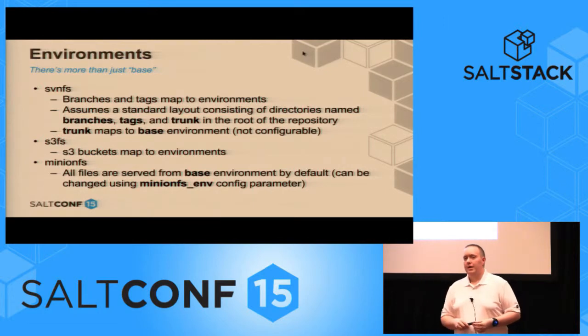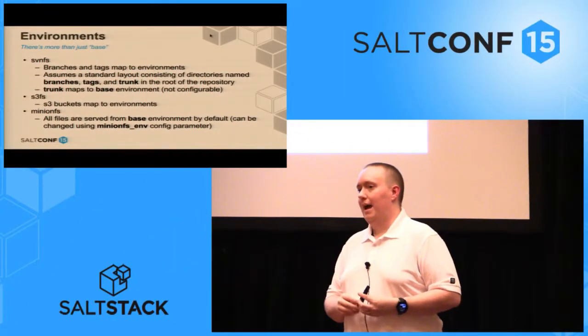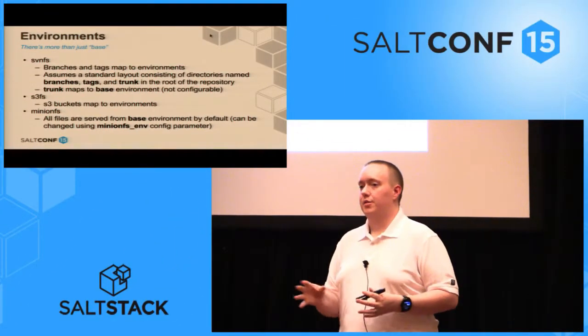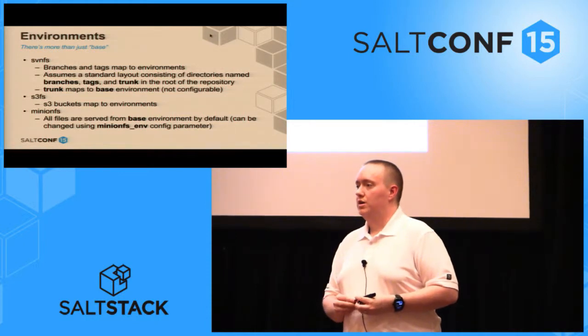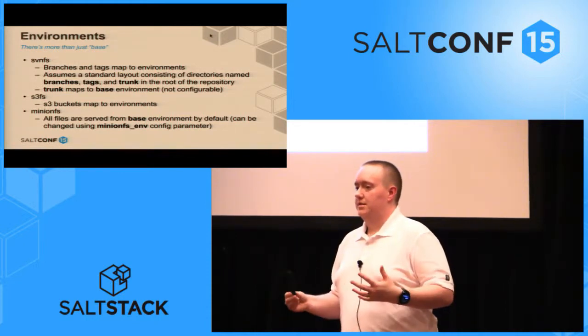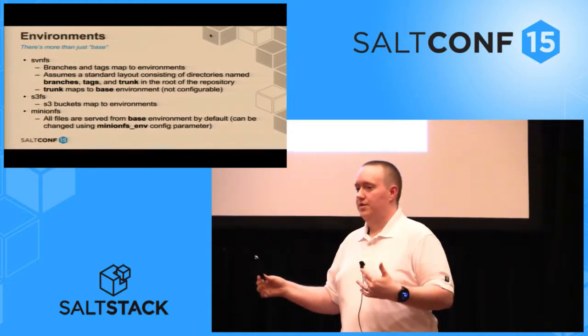Also, by default, minionfs is going to serve these files out from the root of the file server, so it'll start with the minion ID, and then follow it by the relative path to the root where that file was before it was pushed. That's going to be the actual Salt file server path.